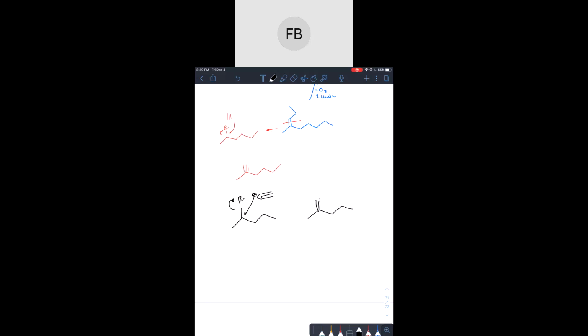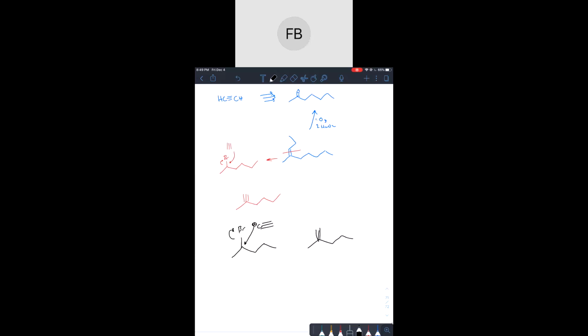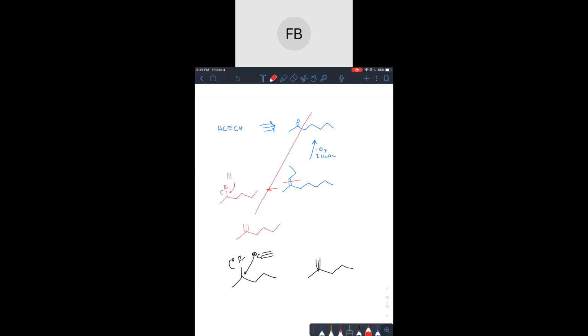So that's why I think this one is completely not going to work. So I'm just going to cross it out. But I really like looking through his examples and trying to come up with more complex ways to do it, because then you end up testing what you can and can't do, and you come to realizations like this: this nucleophile could never substitute with a secondary leaving group.